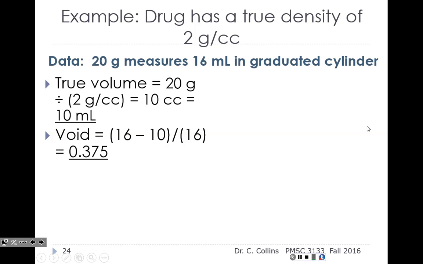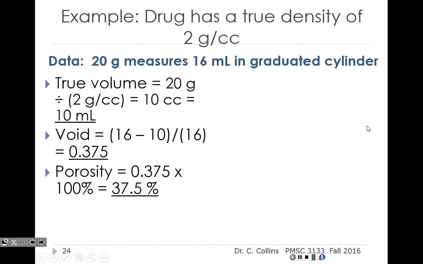So the void is the difference between those. This 20 grams, based upon its true density, should just be 10 mils. But in a graduated cylinder, it takes up 16. So that means the void is the other 6. And the void fraction is 0.375, or 37.5% porosity.